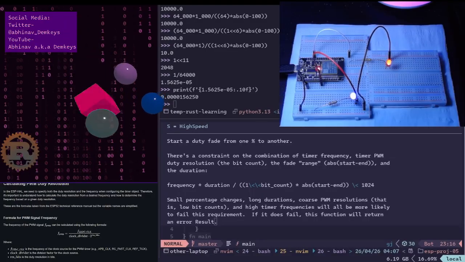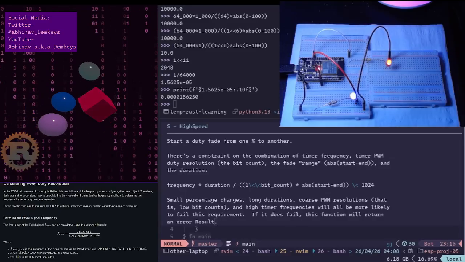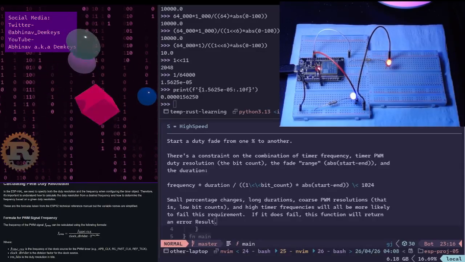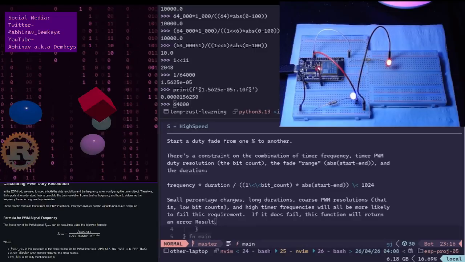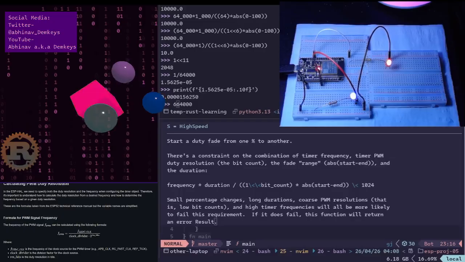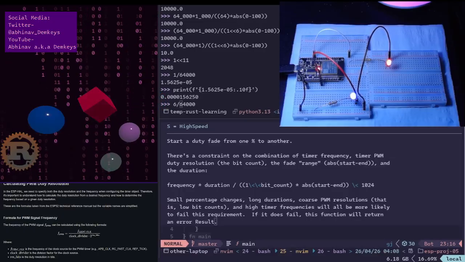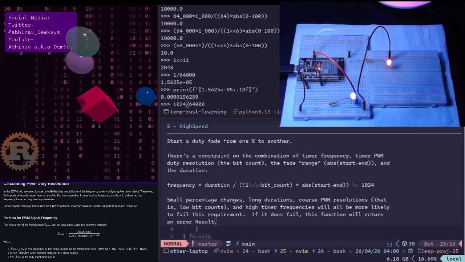We have 64,000 cycles. We've set a duty resolution of 6 bits. So does that give us 1024?